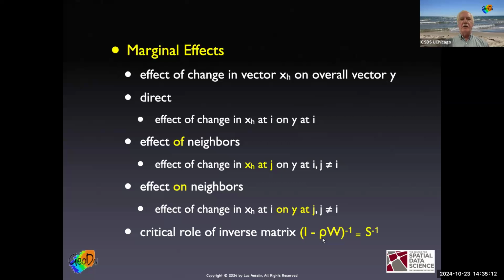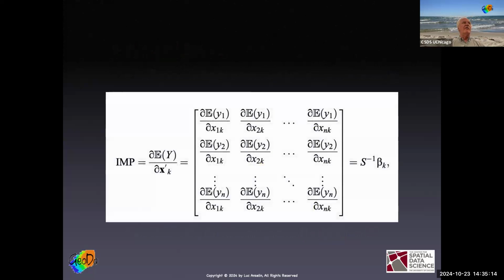So then the math gets a little complicated. We have one of my favorite things, partial derivatives of matrices. At least it's not a determinant or an inverse of a matrix. That's real fun. But conceptually, this shows you what is the effect on y in location 1 of a change in x in location 1.